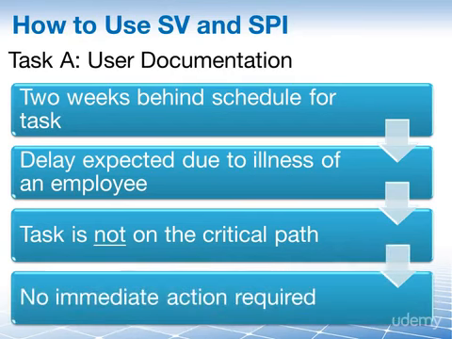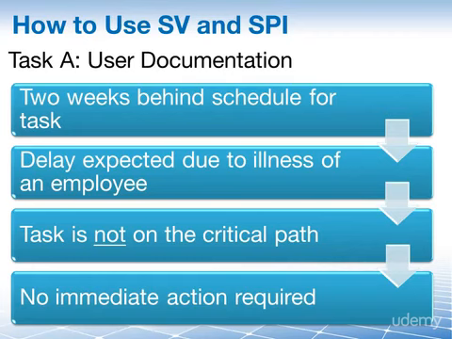So no immediate action is required since this task is not on the critical path and does not affect the completion of your project. Well, the schedule variance and schedule performance index are just numbers. They are numbers that tell you where you are. As the project manager, you compare these numbers to the baseline and then you're able to determine if you are ahead or behind schedule.